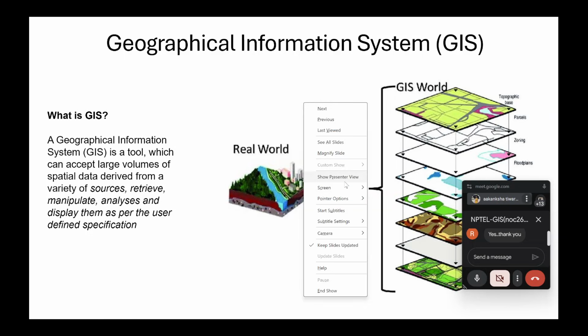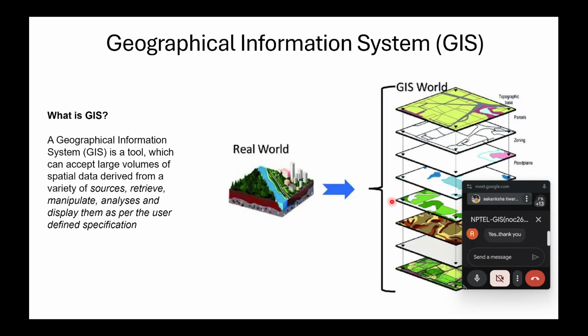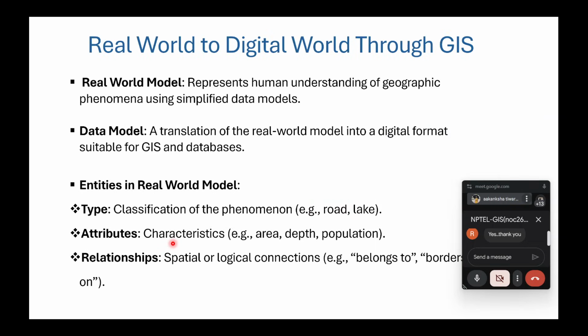Okay. Now, how we represent it. Basically, the real world model is given, and these models are simplified representations or human understanding of geographic phenomena using a simplified data model.